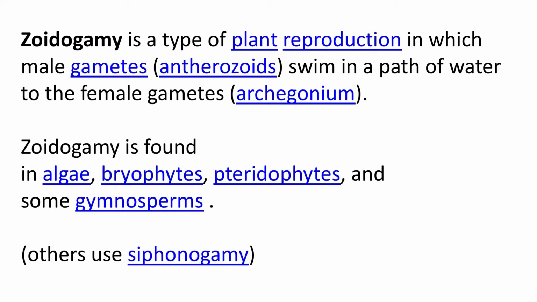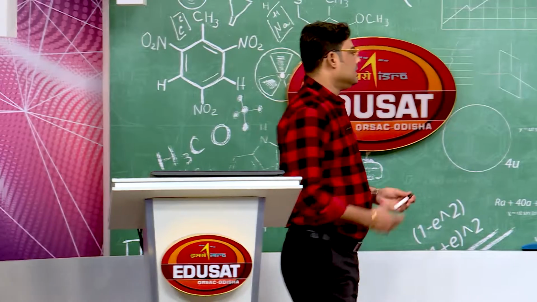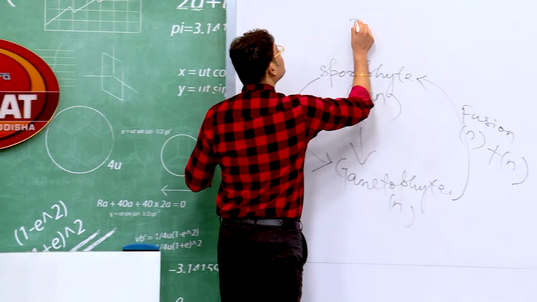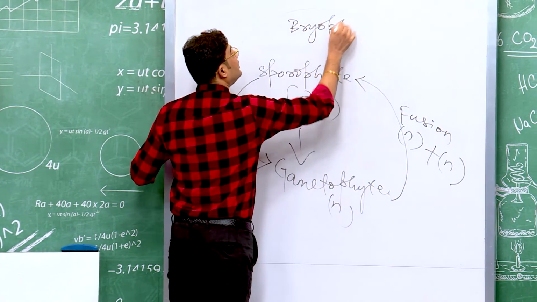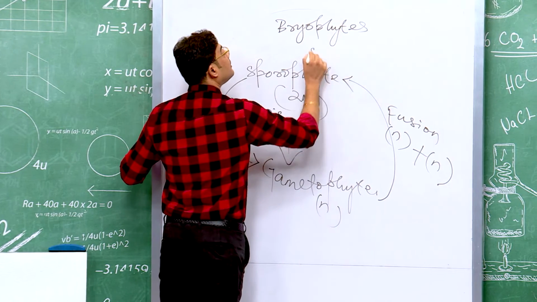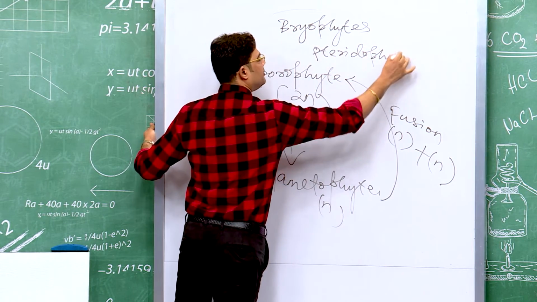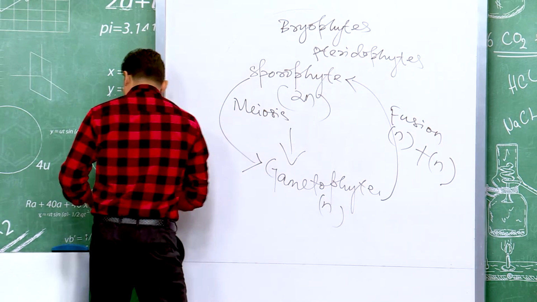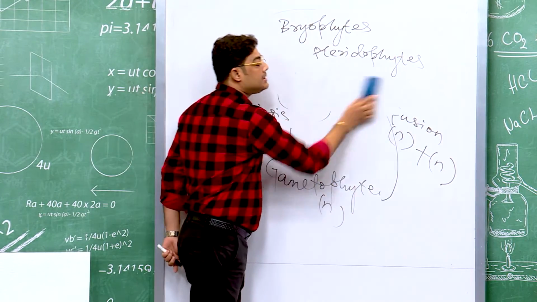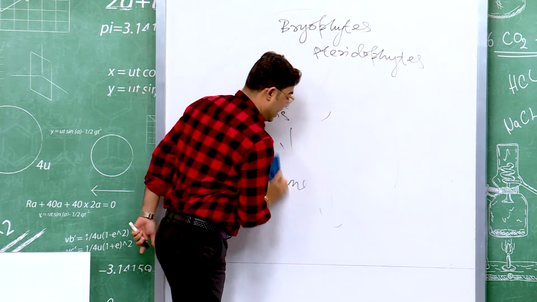Now, you see a term zoidogamy. The lower plants are the zoidogamous plants, the bryophytes, the pteridophytes, and part of gymnosperms also. These plants are zoidogamous plants.